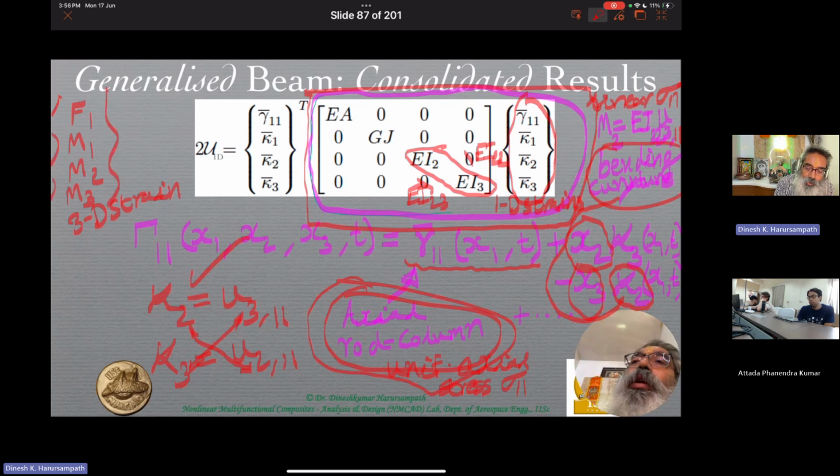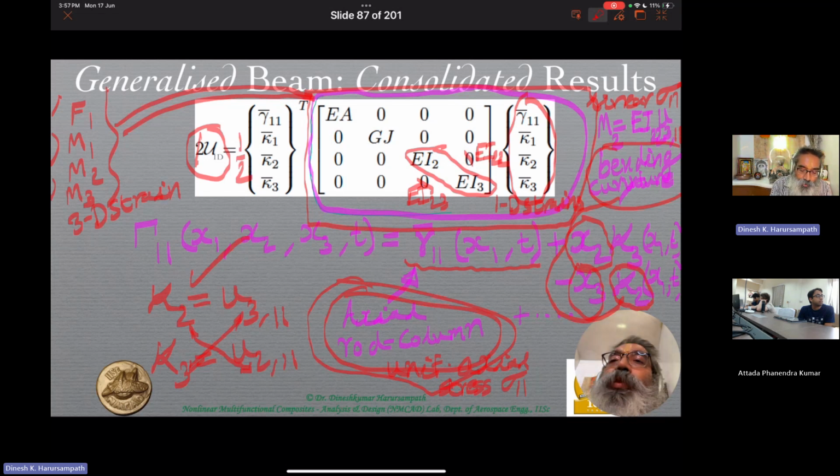Now, this is what is equal to what I have boxed over here. And that, if you multiply with the transpose of the 1D strains, you end up with the strain energy density. Of course, you have to have a factor of 1/2.